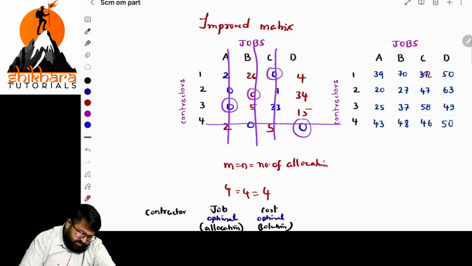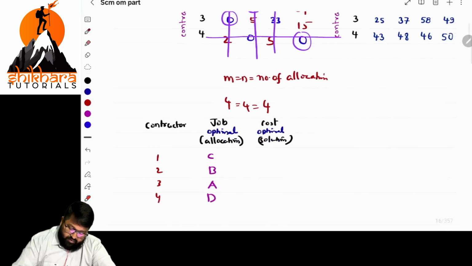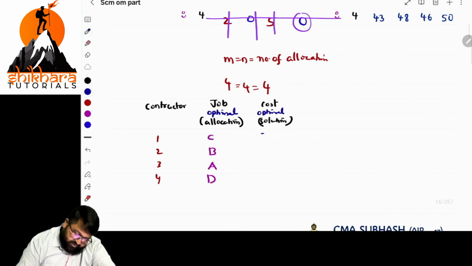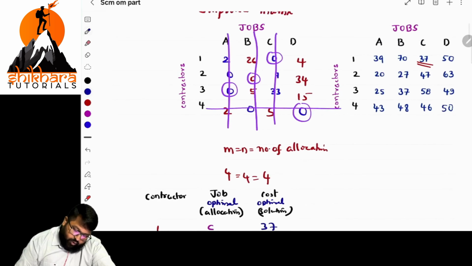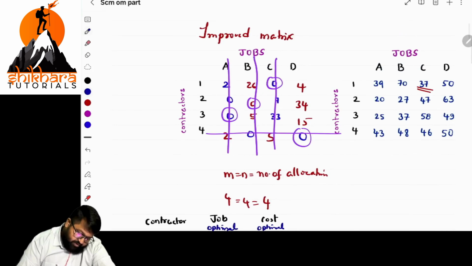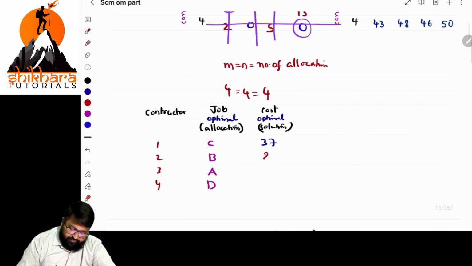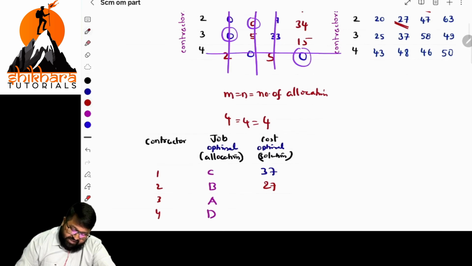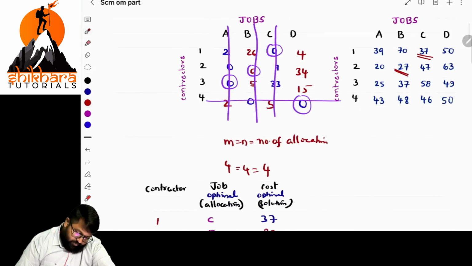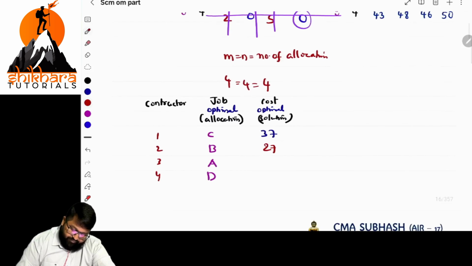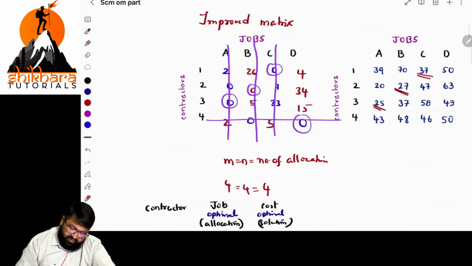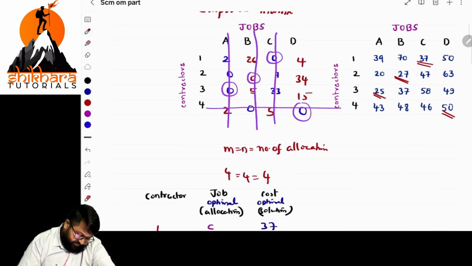For 2, we have B, that is 27. For 3, job A, that is 25. And for 4, the last one, that is 50.